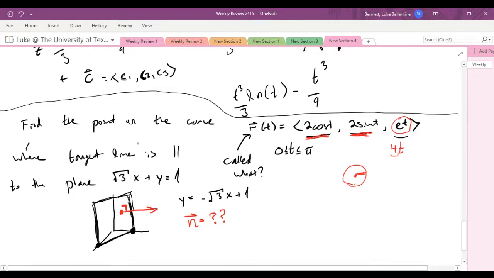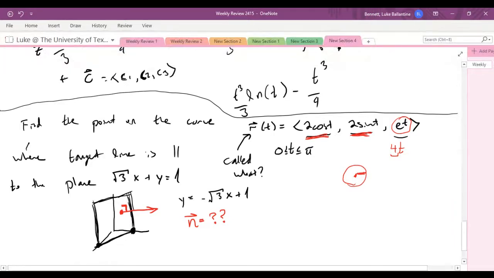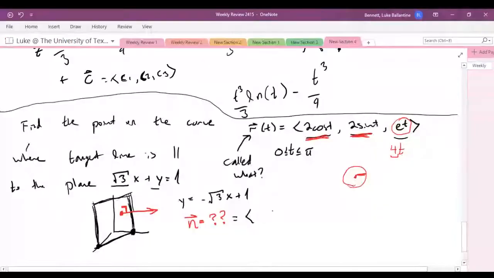Anybody? So the normal vector to a plane is always the coefficients of x, y, and z. So the coefficients of x, y, and z in this case are square root of 3, 1, and 0.